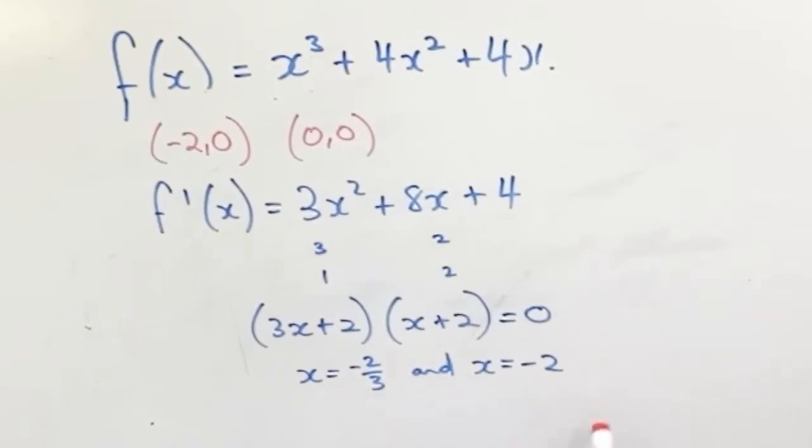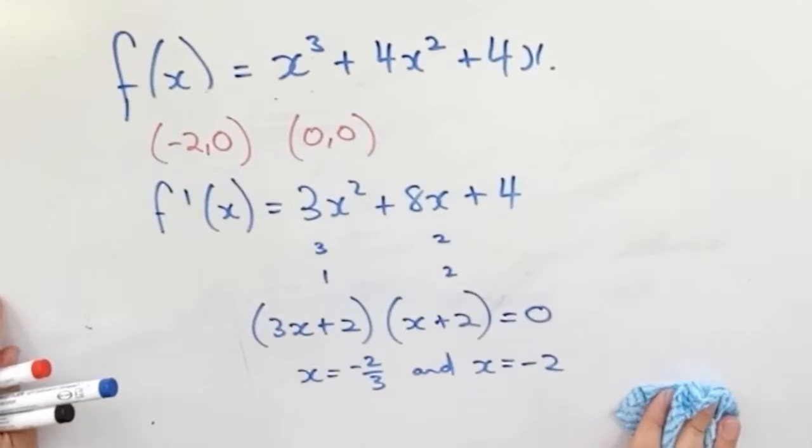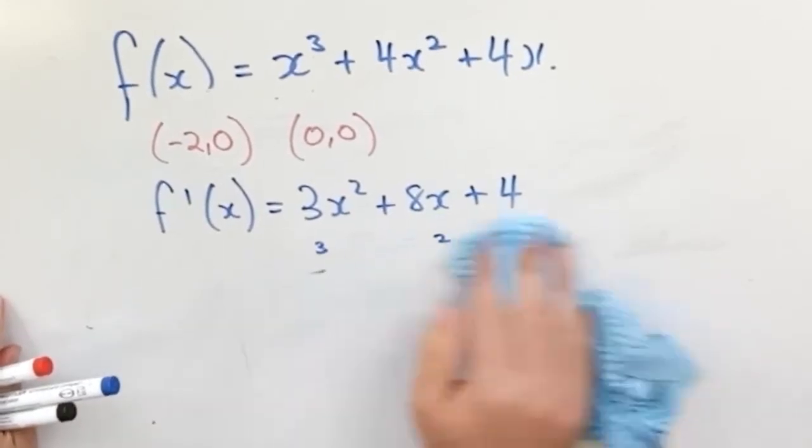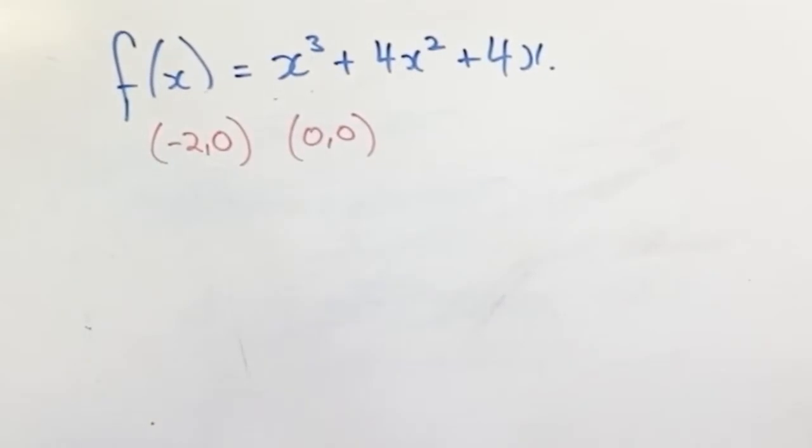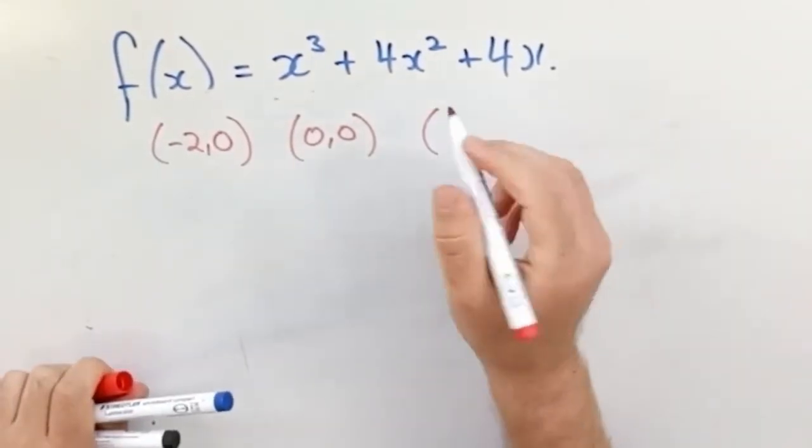Where my stationary points are, I'm going to have to sub them back into the original function up here to work out what the y points are. So negative 2/3 and negative 2. Don't forget those. Okay, negative 2/3. Yeah. So I should have written them up here first, that would have been smart.